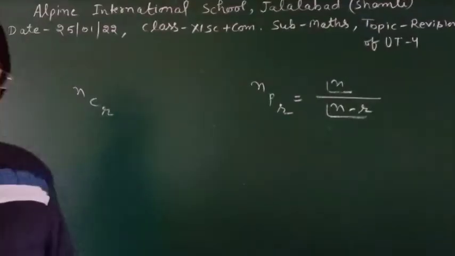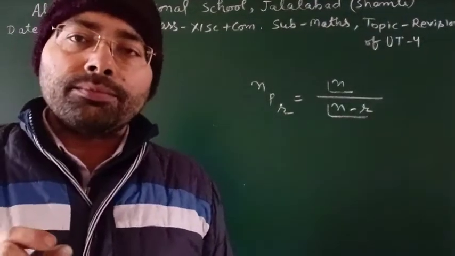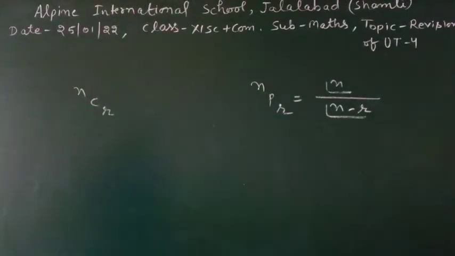We have a factorial. Factorial means, suppose you have factorial 7, then the value of factorial 7 will be 7 into 6 into 5 into 4 into 3 into 2 into 1 into factorial 0.